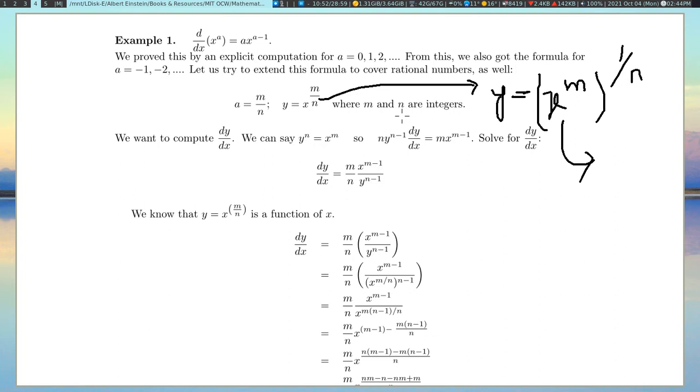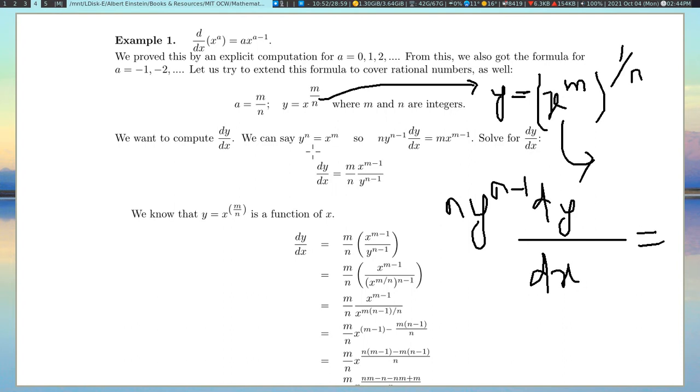Now you do a bit of manipulation. So y to the n is equal to x to the m. You take the derivative on both the sides, and you're going to get n y to the n minus 1 times dy over dx is equal to whatever we have here.